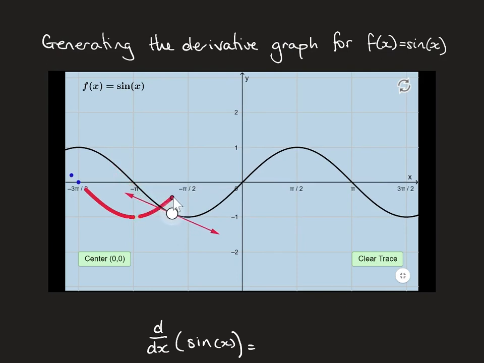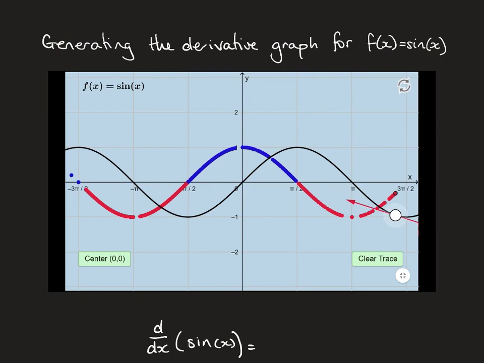Now it's getting less negative, and you can see the less negative value being plotted. At that point there, it's 0. Now we have a positive gradient, which is as steep as possible up to 1. There's another gradient of 0, so we have an x-intercept on our graph. And you can see that what we've generated there is in fact the cos curve.